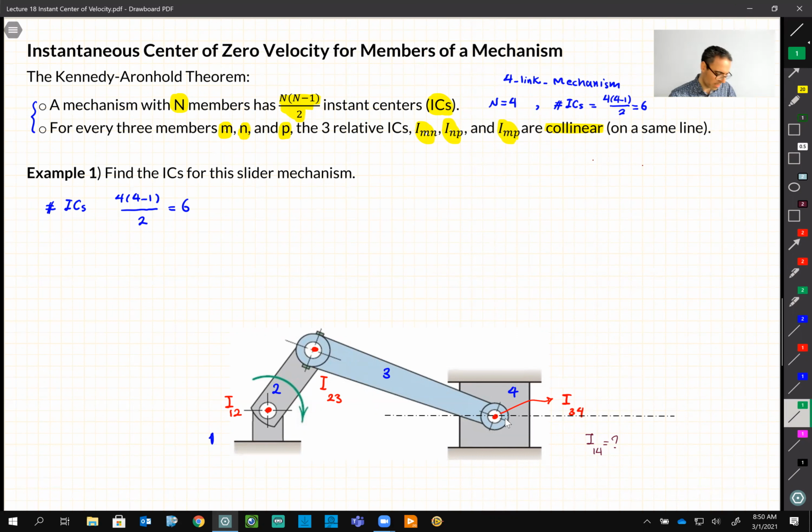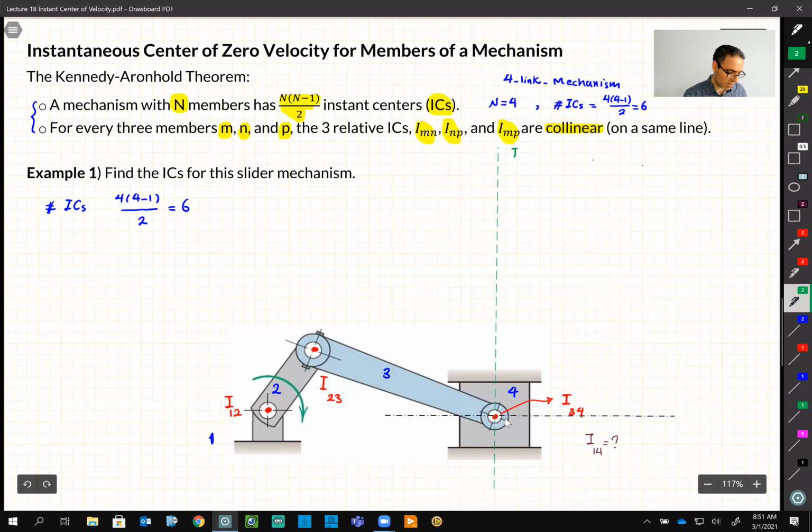Any idea? Can I say that the center of rotation for this point 4 is at infinity, perpendicular to the path, and this is I14 at infinity.